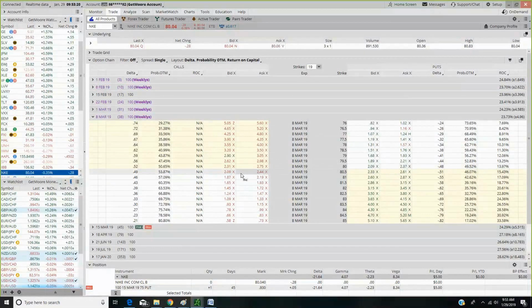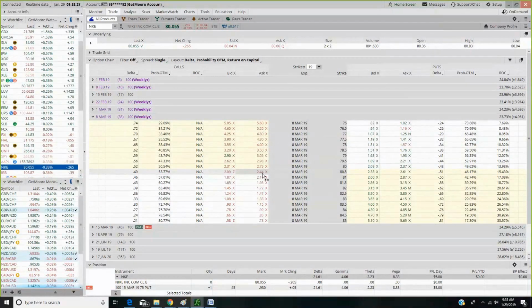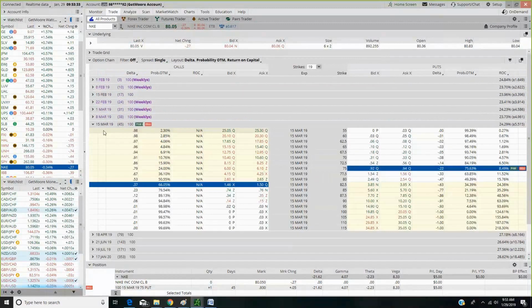They're a little tight. I mean, they're 10%. If I have 244 times 10%, that's 24. Yeah, it's a little too wide. So I'd probably go out here to the 45 days where it's a lot tighter bid-ask spread. But the bear call spread, it's the same concept, just the opposite direction.